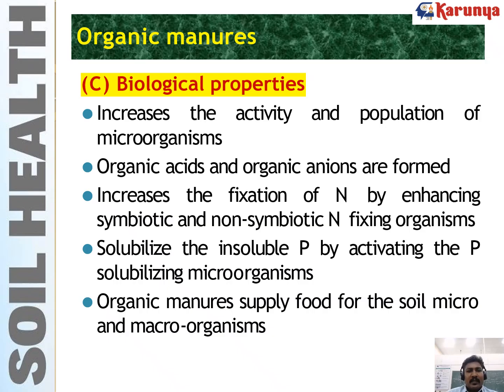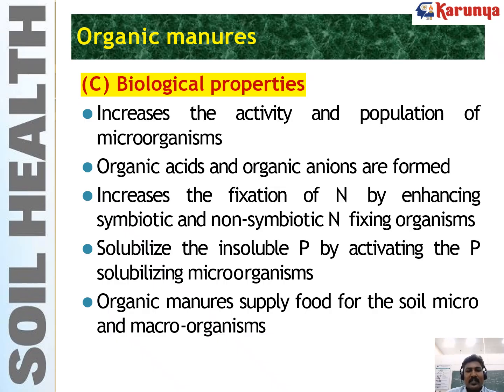And for biological property, because of using biological or organic based products, we can naturally improve microorganisms such as bacteria, fungi, actinomycetes, and you can also see earthworm multiplication in the soil whenever you apply organic manures.